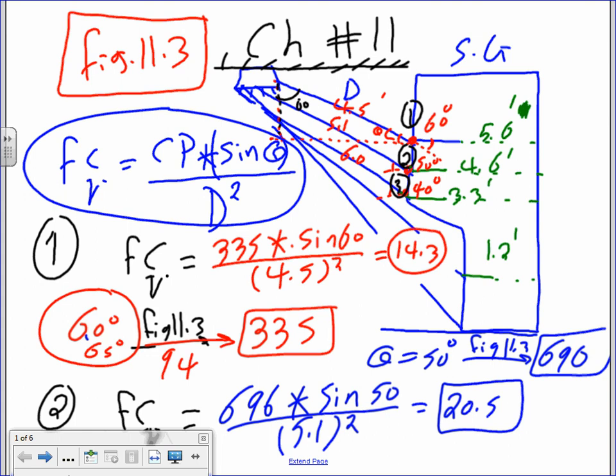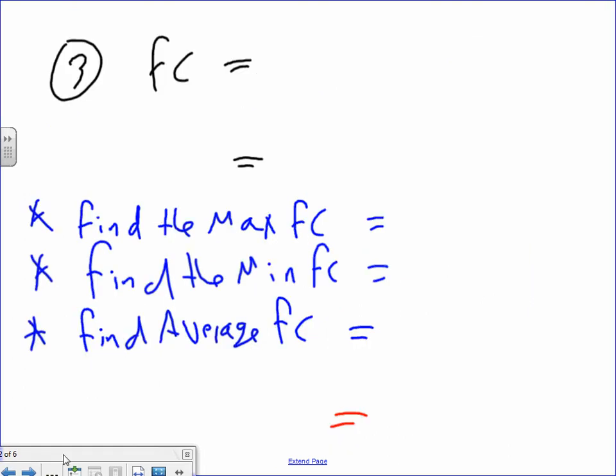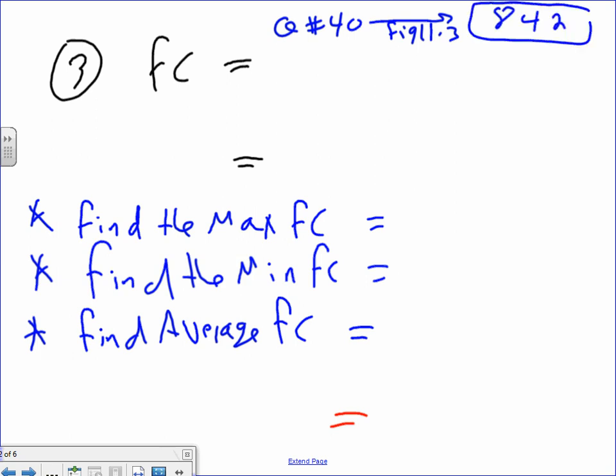Okay, shall we go to point 3? For point 3, the angle is 40. Can you guys see it? So Q equals 40. Derek, do me a favor: fig 11.3, what do you get? 842. 842 candela power. Okay, plug them in: 842 multiplied by sine 40 and divide everything by the distance.